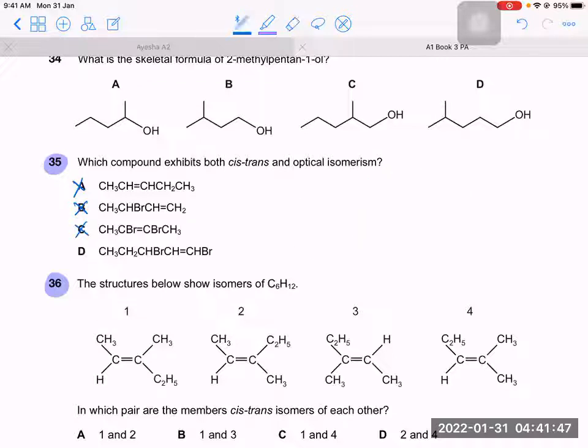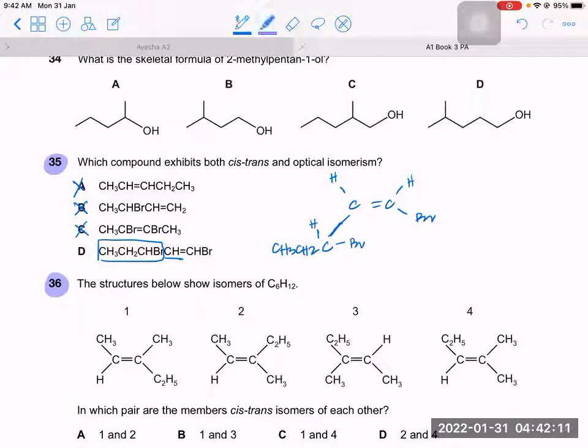Let's check D. C double bond C, H, Br. Then you have an H, then you have all of this. So then you have basically a CH3, CH2, C, H, and a Br. So this is what's attached.